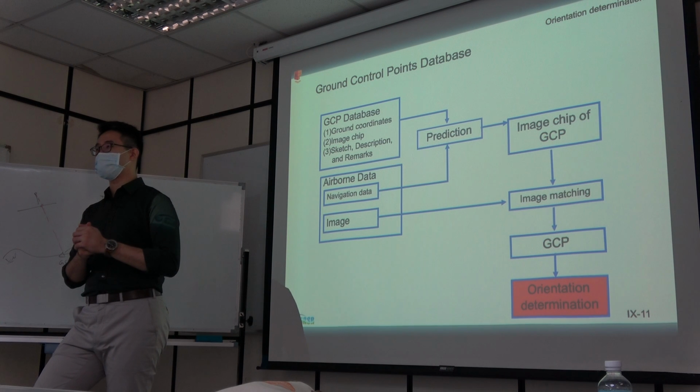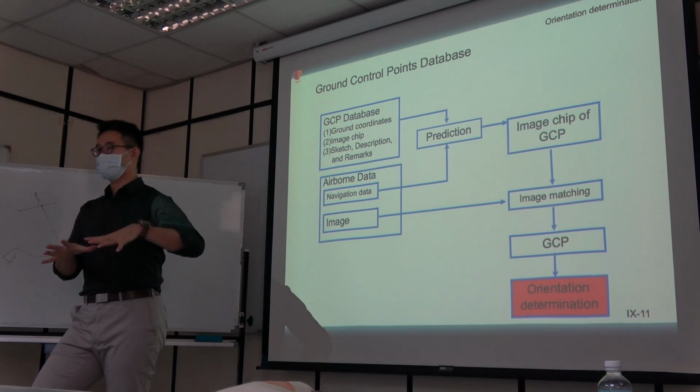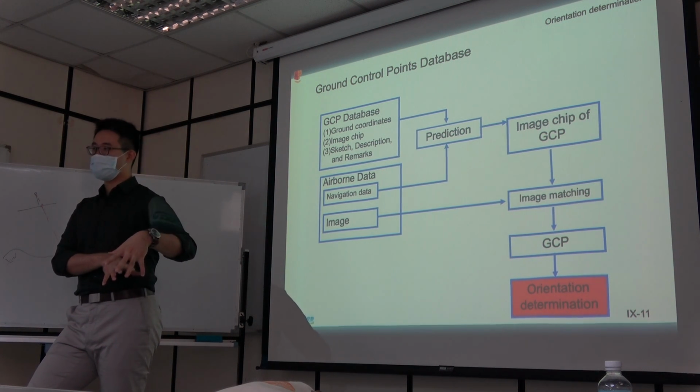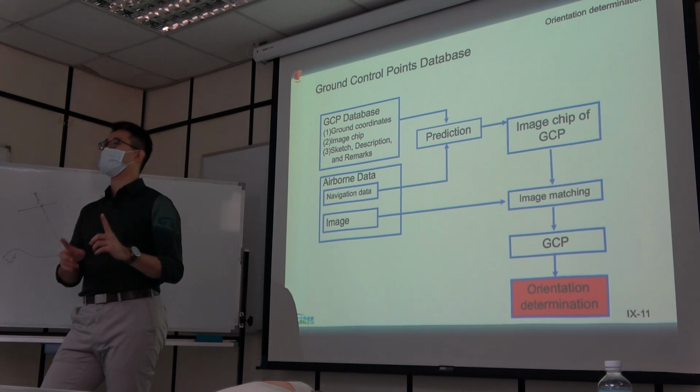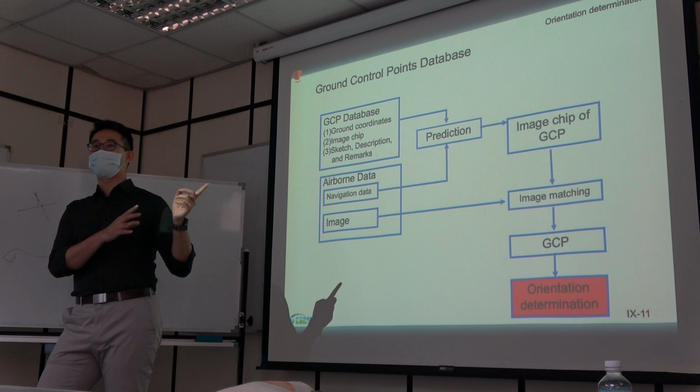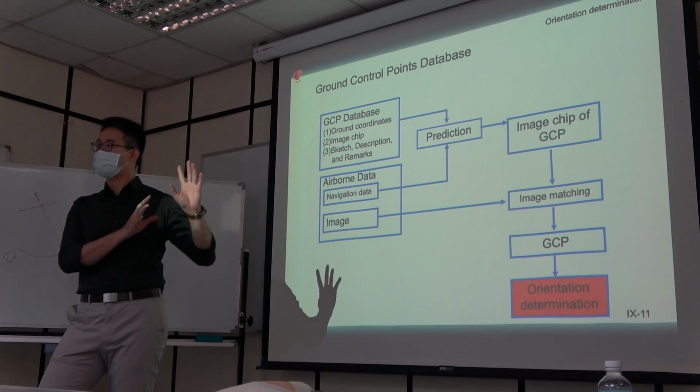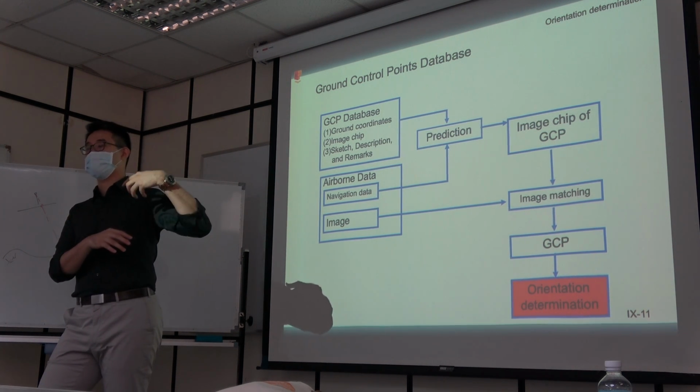For example, in the project where we monitor the Southeast China Sea islands, we don't have any GCP over there. So we can only trust the direct georeferencing, the EOP that the satellite company gives us.